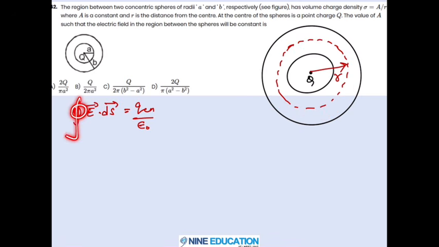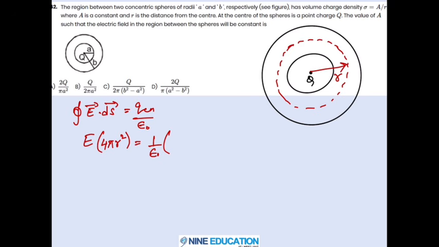So this integration will enter inside. E will come outside because it is a constant. So you can write E into ds. Integration of ds will be S, which is 4 pi r square, because that is the surface area of this Gaussian surface. Correct? Which is equal to 1 by epsilon naught Q enclosed.